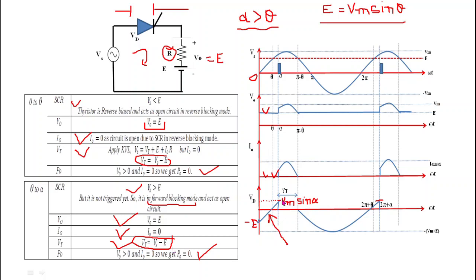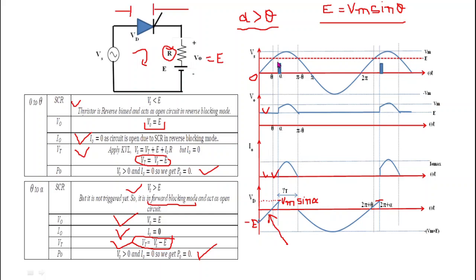Now what is this point? That is the value of the thyristor voltage at omega t is equal to alpha. At omega t is equal to alpha, the value of this sinusoidal voltage waveform is equal to Vm sin alpha.